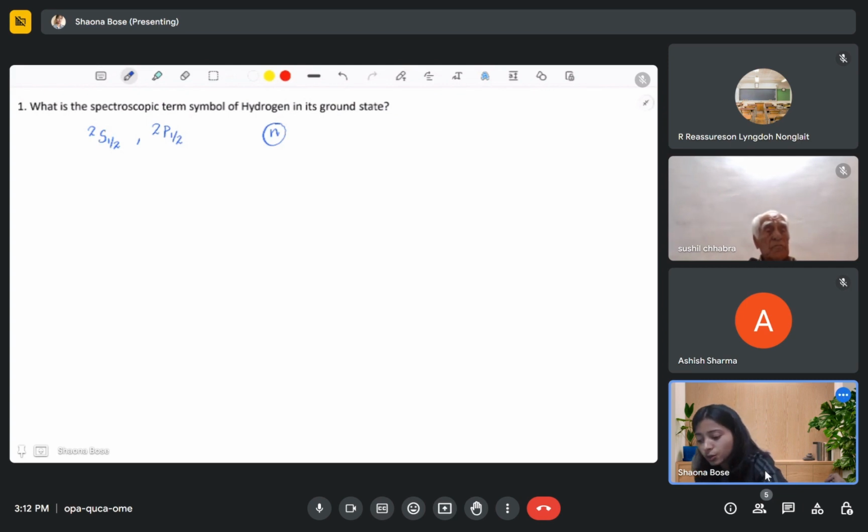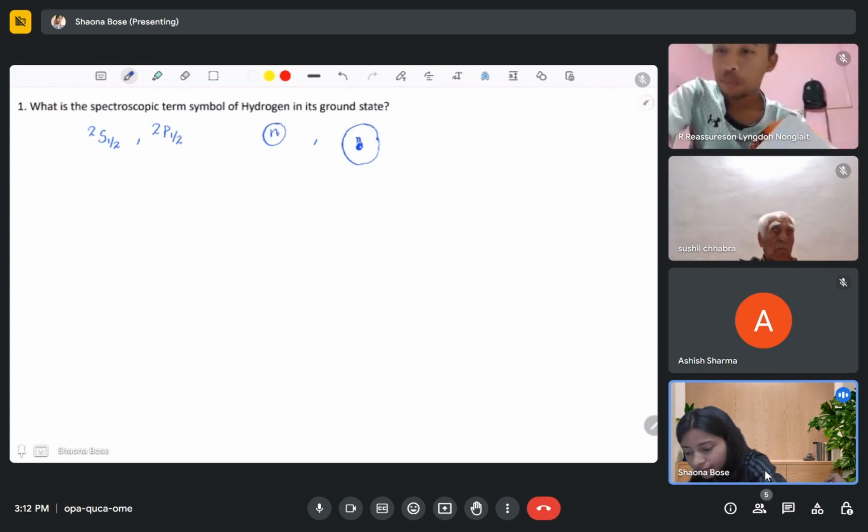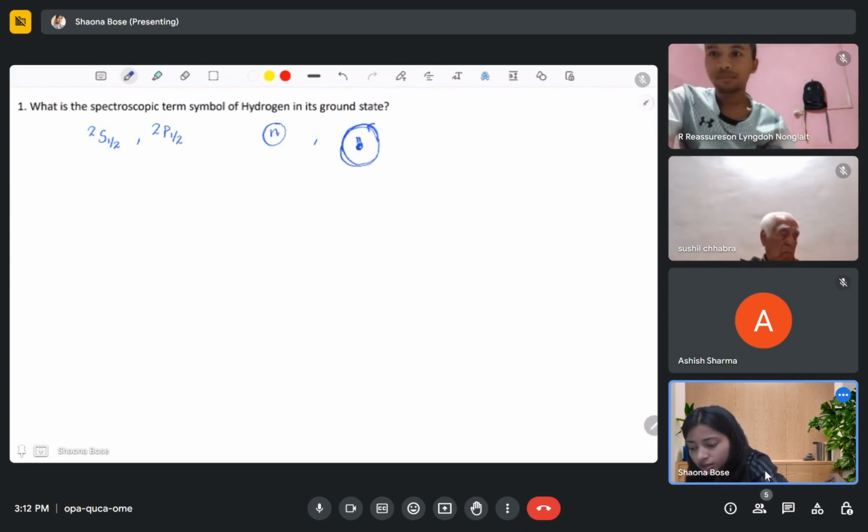Whenever you have a charge which is moving around in a circle, it constitutes a magnetic field, right? So even for electrons, they move in circles. This is the nucleus. The electron goes around like this, right? It is moving in a circle.